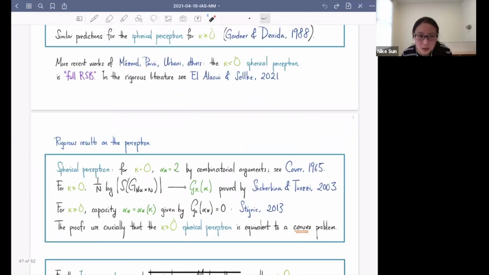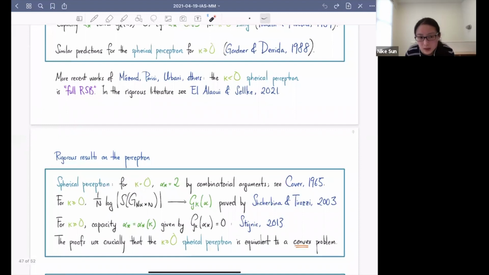Okay, so I'll go back to the replica symmetric setting. This is what is known for the spherical perceptron, for the positive case. For kappa equal to exactly 0, it was known a long time before that the critical alpha is 2, by some combinatorial recursion.